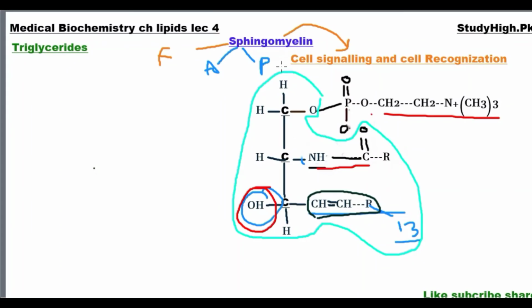The most important function of sphingomyelin is in nerve fibers. If you remember, nerve fibers consist of myelin sheath. What is the function of myelin sheath? This myelin sheath provides insulation, as it cannot conduct impulses. First, myelin sheath provides insulation to nerve fibers and protects our neurons and nerve fibers.